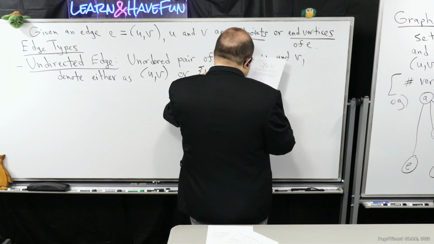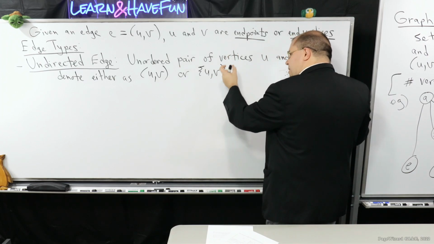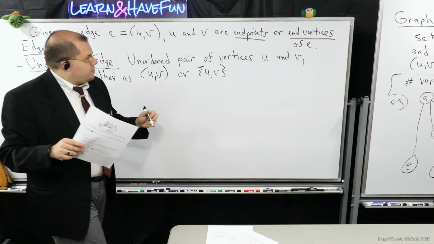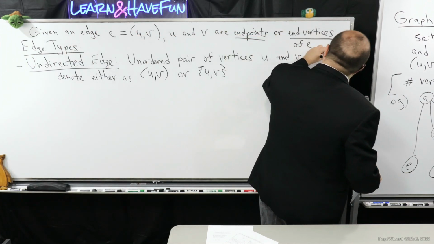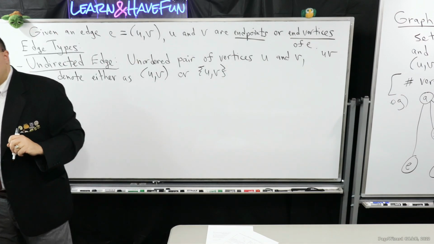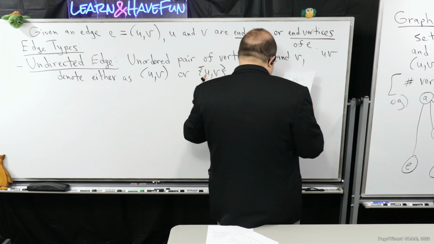Some people will write this as UV with curly braces. Sometimes people will just literally write UV right beside each other, one after the other like this. I find this is far more common in graph theory circles, but I must stress that it doesn't make any difference.